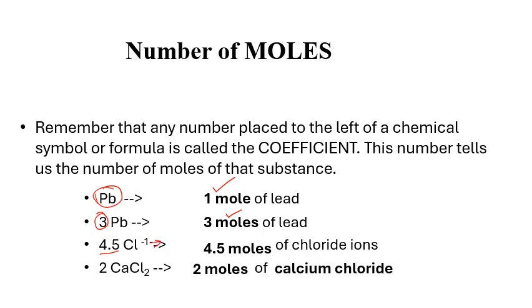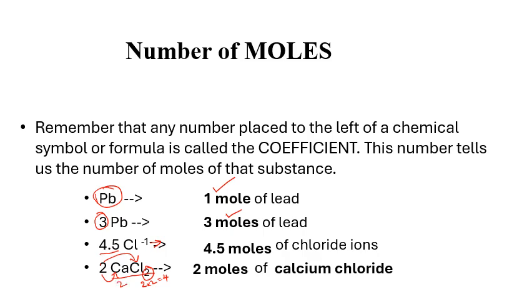And then if there is a compound written like this, and there is a coefficient, we say that the 2 goes for calcium and that 2 goes for chloride ions as well. And there is a 2 here, right? So 2 times 2, this one will be 4, and for calcium it's going to be 2.